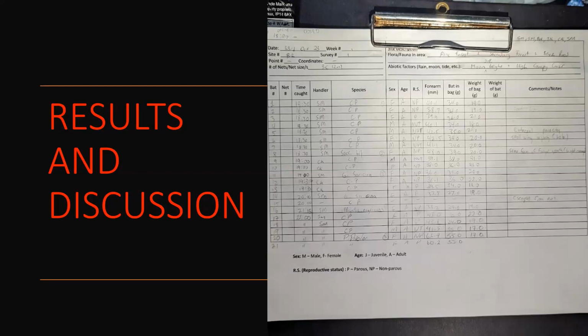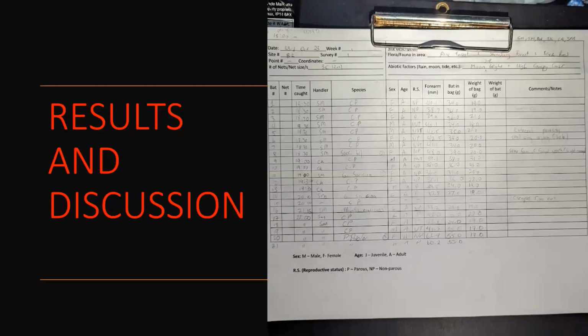In order to better get an identification of each bat species, we record the forearm, as that is a definitive feature to tell closely related species apart. On the right-hand columns, we would record the weight of the bats in the bags that we catch them, and then record the weight of the bag, and then in post-processing data, we would calculate the weight of the bat.